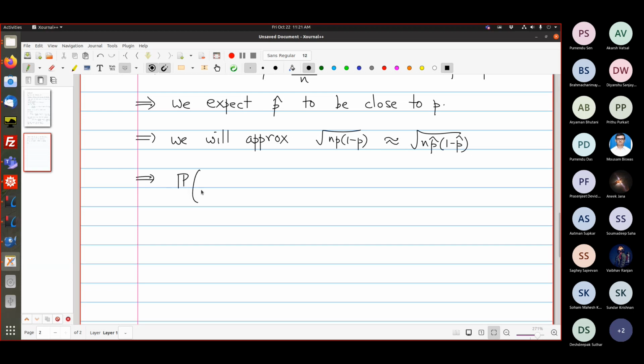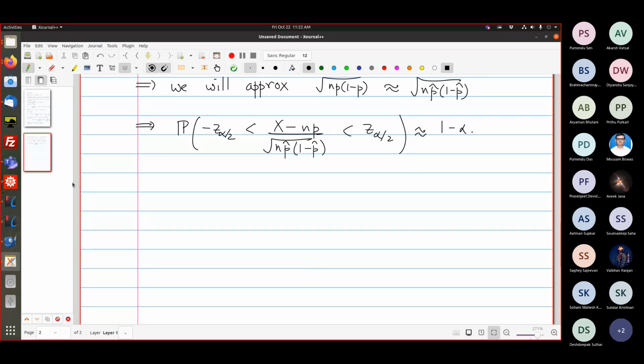So the probability of minus z alpha by 2 less than (x minus np) divided by square root of np hat (1 minus p hat), less than z alpha by 2, is approximately 1 minus alpha.